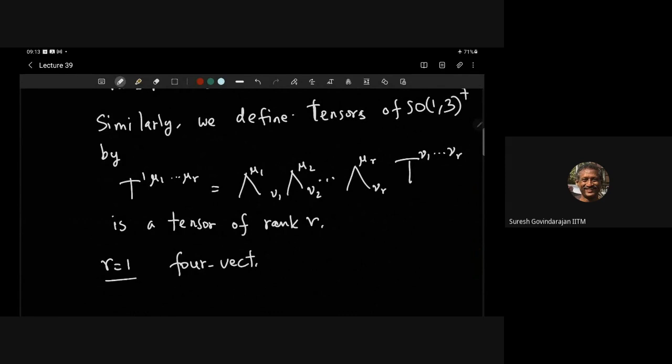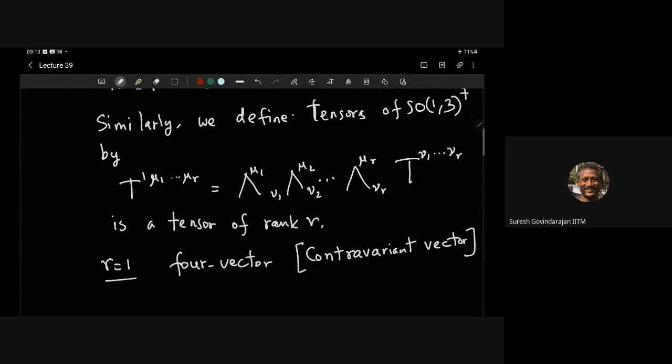I'll give it another name: we call it a contravariant vector. The correct thing is to say it's a contravariant vector of SO(1,3)+, but in context we'll just use the word vector. But you have to tell me whether it's a vector under SO(3) rotations or a vector under SO(1,3)+. They are not the same, as you know. Okay, so R equals 1 we know.